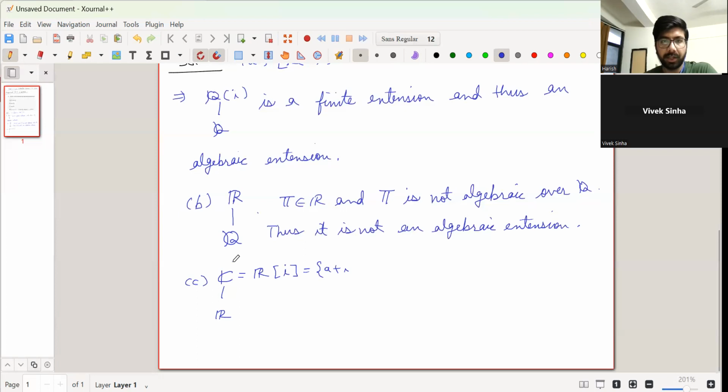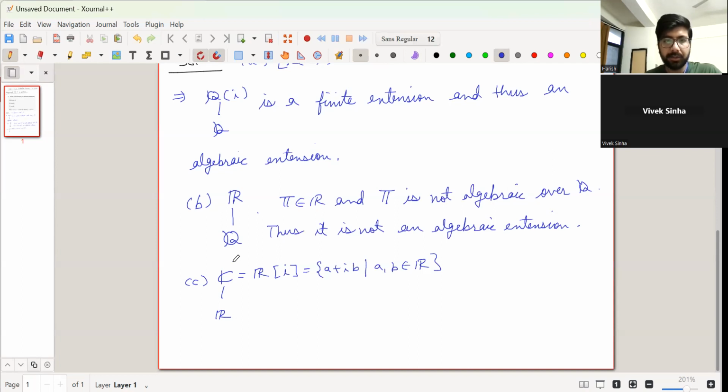This is a plus ib such that a and b are inside R, right? Because it's a degree 2 extension. i satisfies x squared plus 1 over R, and i is not inside R. So it's a degree 2 extension, and any degree 2 extension will be of this form: a plus the adjoined number times b, where a and b are inside the field.